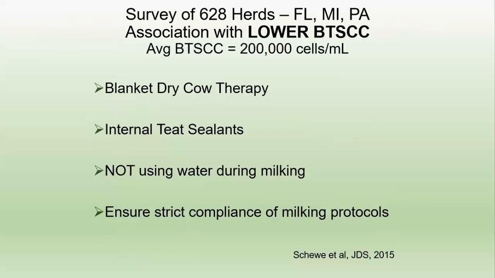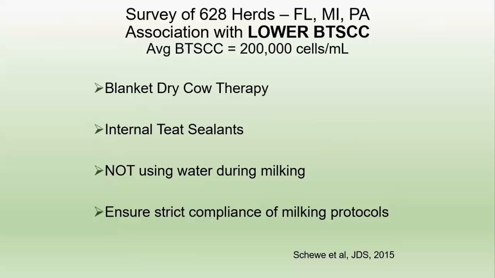In fact, even though many of these studies were done back in the 1970s, 80s, and 90s, even a recent project in which over 600 dairy herds were surveyed to find out what kind of mastitis management practices they apply.